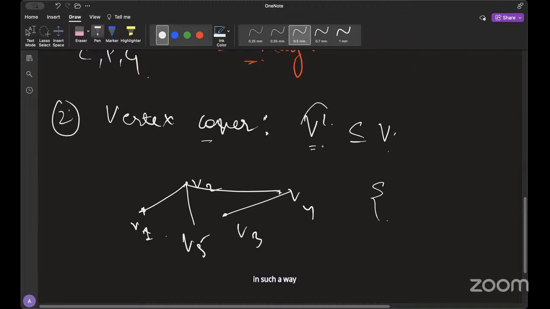So this is a collection of vertices, right? Your vertex cover, let's call it VC only, is a collection of vertices, and how do you collect those vertices?